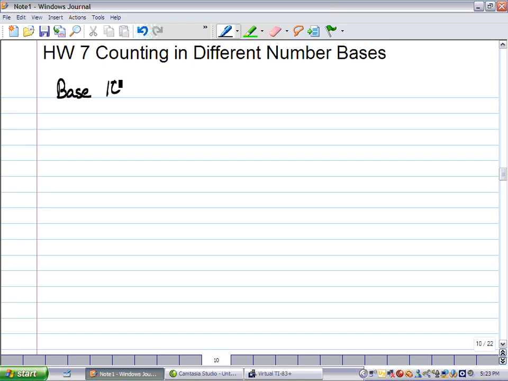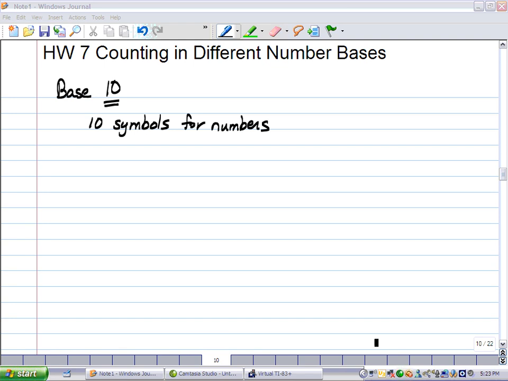In base 10, we have the number 10 because we have 10 symbols for numbers. And all our numbers can be written with these 10 symbols. We then use place value to make bigger numbers. So we start with 0. We're going to just look at the whole numbers.